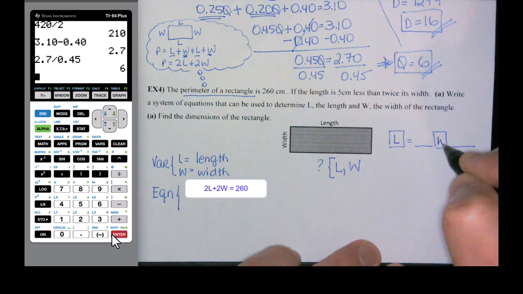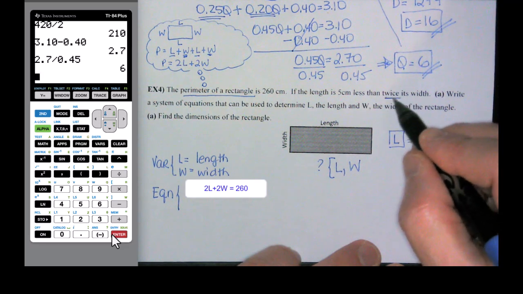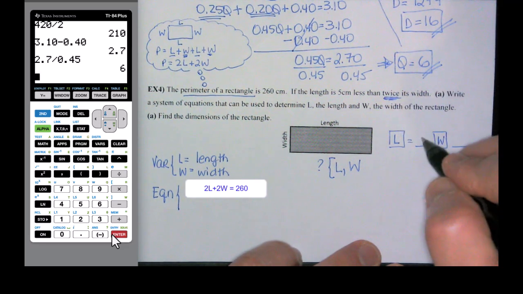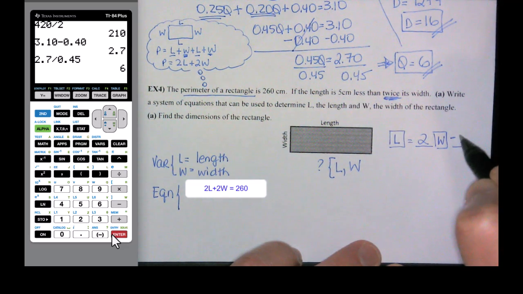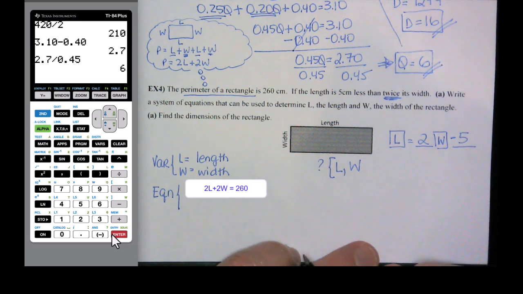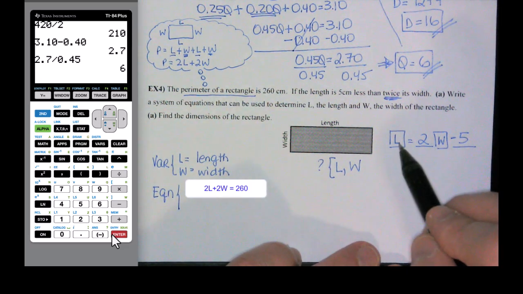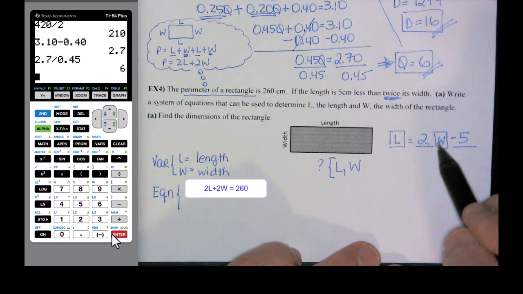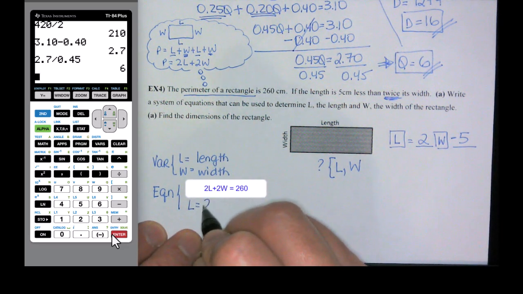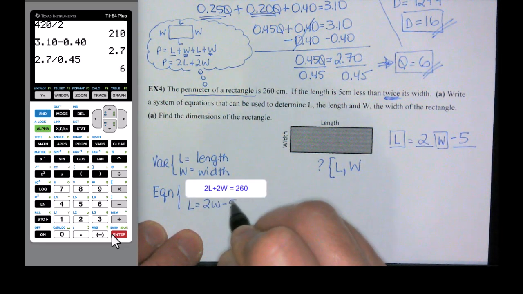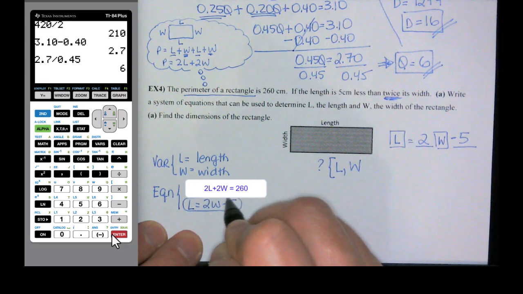So width is the second variable. And we here see the word there's multiplication, which is twice, so it'll be 2 times W. And 5 less will be subtract 5. So basically, the length is 5 less than twice the width. So right there is our second equation, and that one is the one I put a circle around.